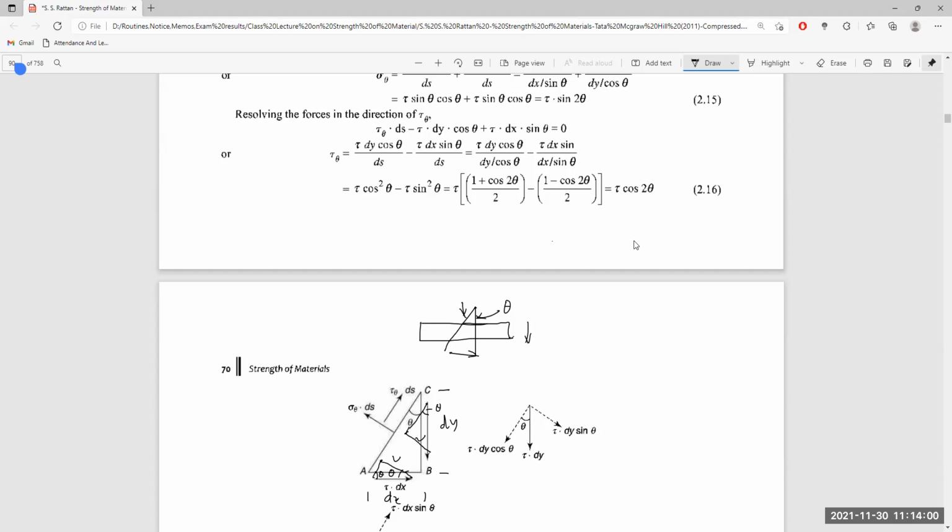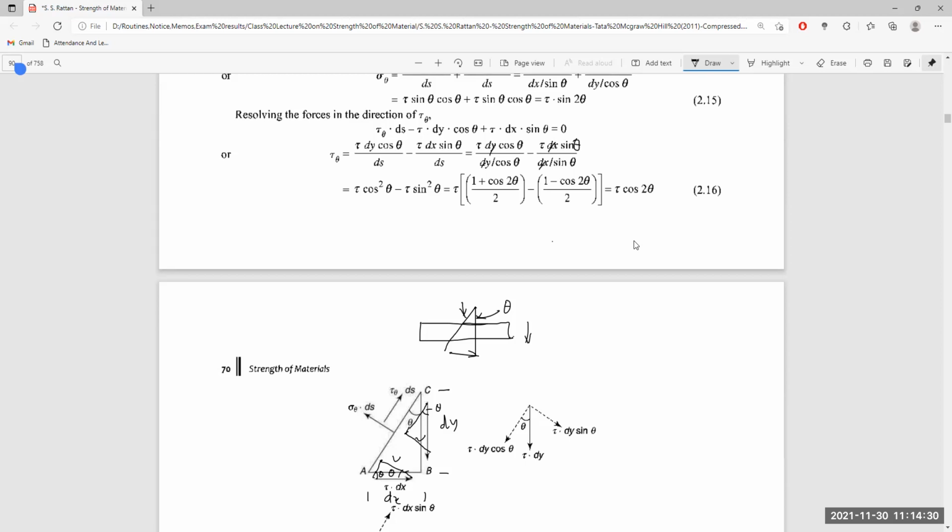If we first divide both sides by ds, this takes the shape: tau dy cos theta divided by ds minus tau dx sin theta divided by ds. Here dy is replaced by ds cos theta, and dx is replaced by ds sin theta, so they cancel each other.